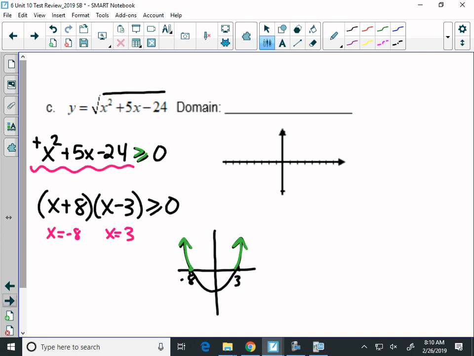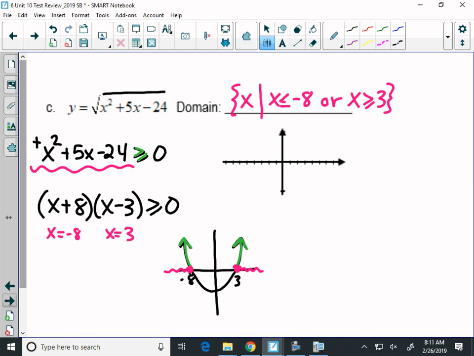Well, I have all the x's here to get this left tail that are less than or equal to negative 8, or my x can be in the part of the equation where x is greater than or equal to 3. So I have one domain with two parts.